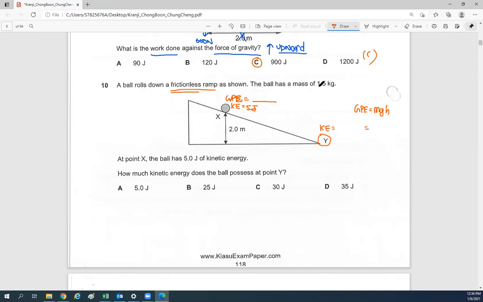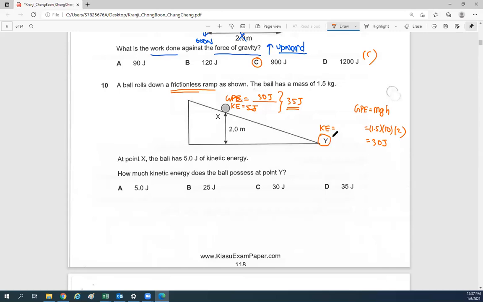The mass of the ball is 1.5, g on Earth is 10, and the height it's got is 2. So this is 30 joules. So this is the total energy, 35 joules, 30 plus 5.